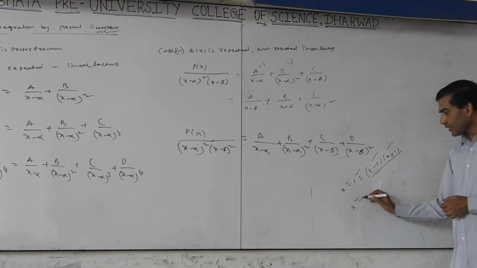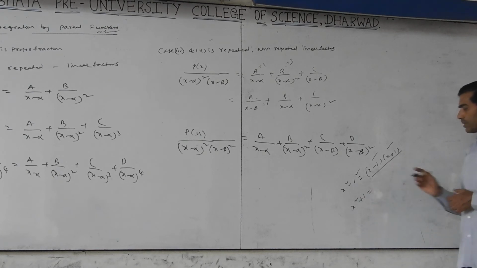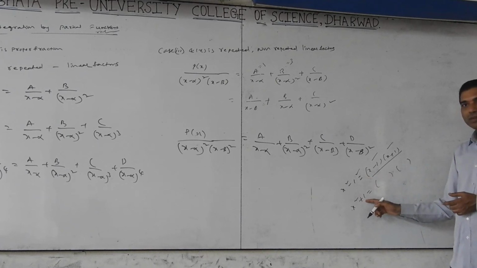For example, x square plus 1. Is it possible to write it as a product of linear factors? Not possible. Here a square minus b square is possible, but here it is a square plus b square.